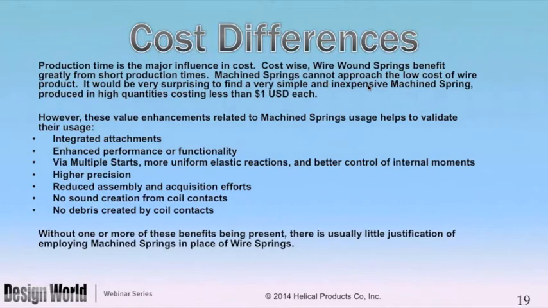We have the potential of having a higher precision than the wire spring, but that depends on the application. And also, with all these additional features, the machine spring should be easier to install, and you'll have no sound happening when the coils contact each other, and there will be no debris generated because the gaps always stay open with a machine spring.